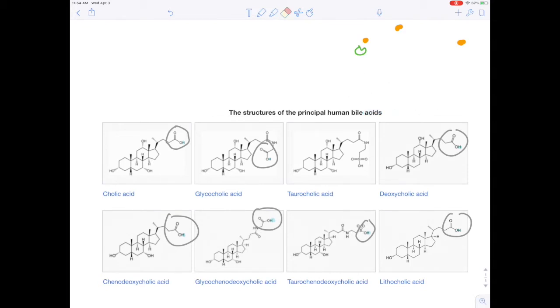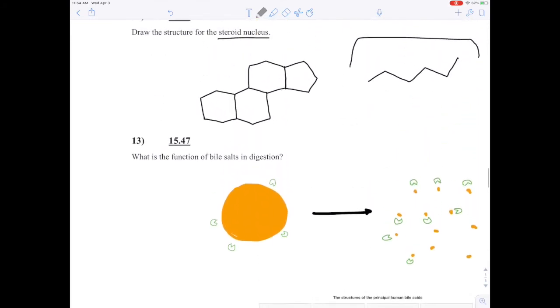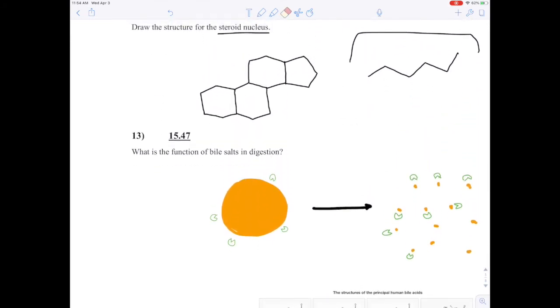So there are two parts to a bile salt. There are the rings. Let me just clear this for a second. So notice that these have the steroid nucleus, all these bile salts. Remember, the steroid nucleus is this very specific ring structure, three 6-membered rings, and one 5-membered ring, this 4th one here.